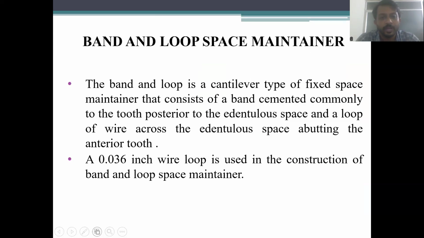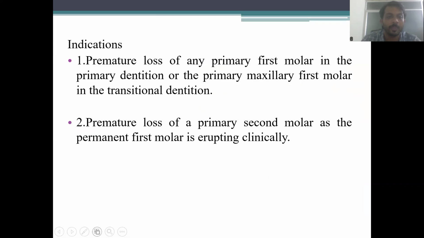So moving on to the band and loop space maintainer, it is a cantilever type of fixed space maintainer that consists of a band cemented commonly onto the posterior tooth of the edentulous space and a loop of wire across the edentulous space abutting the anterior tooth. A 0.036-inch wire is used in the construction of the band and loop space maintainer.